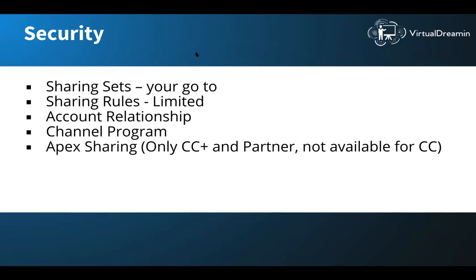Account relationship sharing. Sharing rules and account relationship sharing both work with Customer Community Plus and Partner. Account relationship sharing is like a sharing set that has gone through all of its training and has superpowers now.